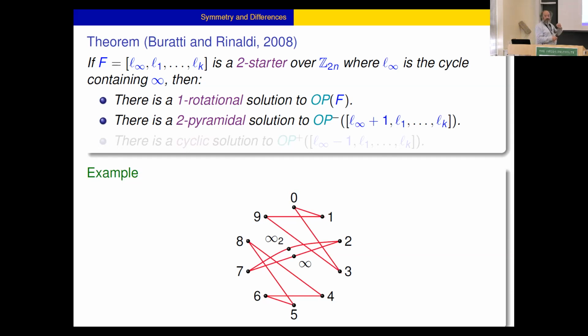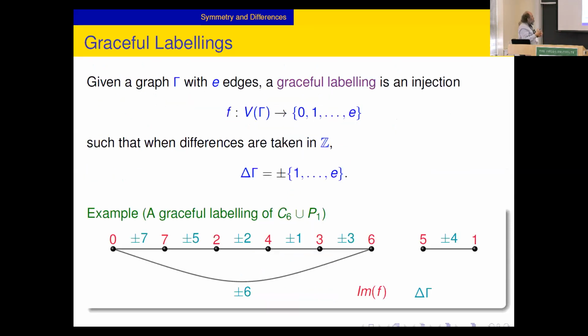It's going to fix infinity and what I've called infinity 2. Maybe infinity prime would have been a better name. And there's a cyclic solution. I just get rid of the infinities altogether, and it all kind of works out. So that's really nice. From one thing, I get a 1-rotational, 2-pyramidal, and cyclic solution.